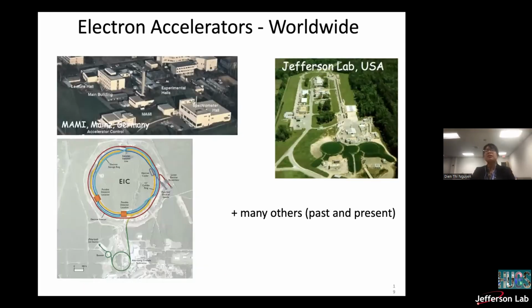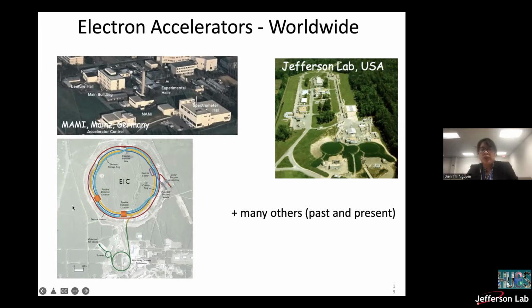Okay. So all over the world, we have many different electron accelerators. We have MAMI in Germany. I have never been there, even though I want to go there someday. We have Jefferson Lab, where you are now, and many other past and current ones.